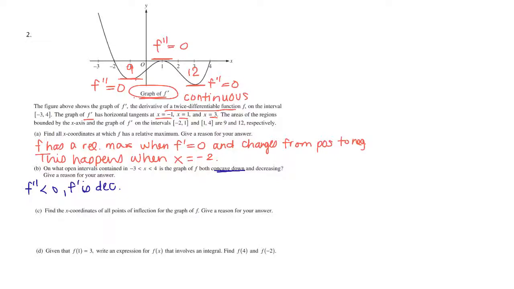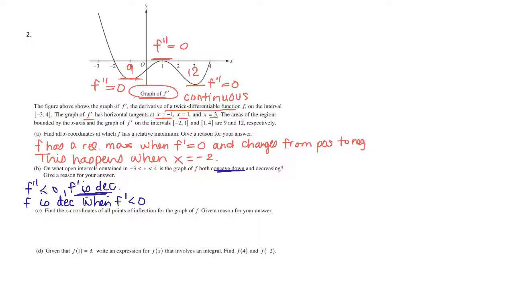Let's see. And then we also need to know, well, f is decreasing. So let's talk about f is decreasing. When do you know that's true? F prime is negative. F prime is less than 0. How are we going to relate this? Now, I know f prime is decreasing. Well, okay, so I need to look where f prime is decreasing.